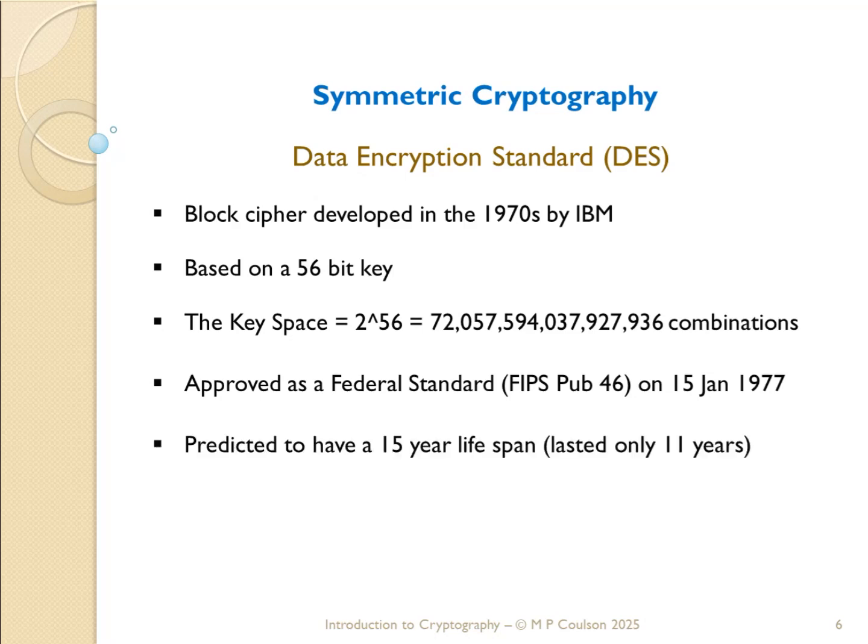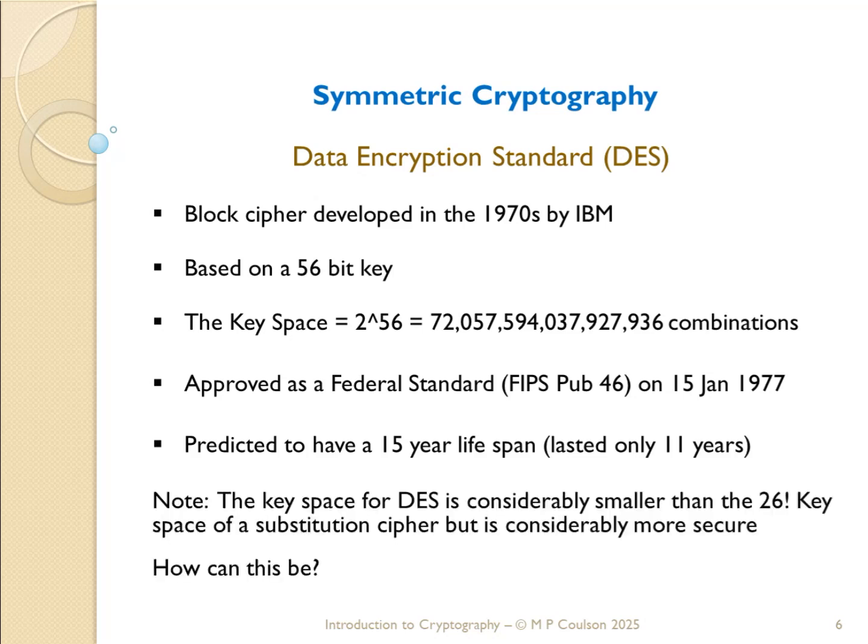The data encryption standard was predicted to have a 15-year lifespan, but in reality, it only lasted for 11 years. It should be noted that the data encryption standard has a considerably smaller key space than the substitution cipher, but counterintuitively, it was vastly more secure.